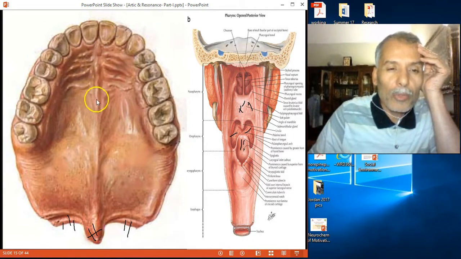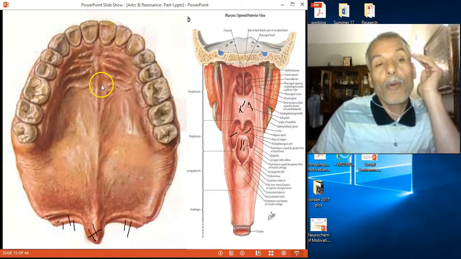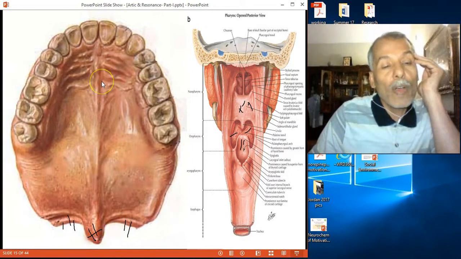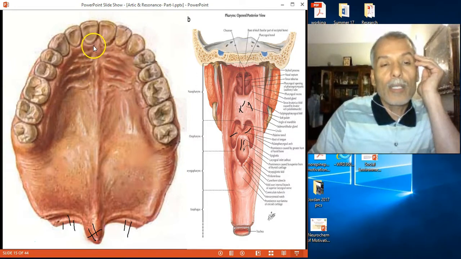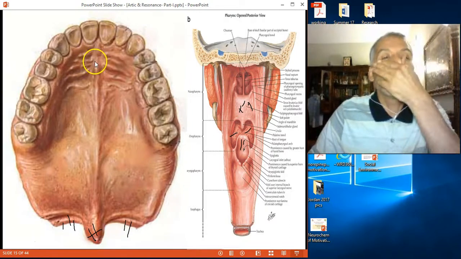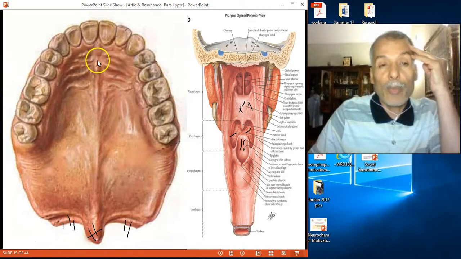So fusion of the hard palate and the soft palate is always from the front to the back. It fuses over time as the fetus is developing, and the frontal tissue unites and fuses together first like a zipper, and then it goes backwards until it ends at the soft palate.